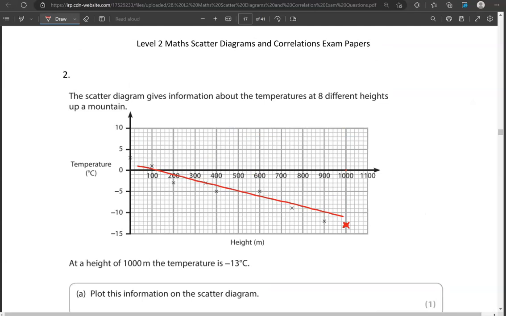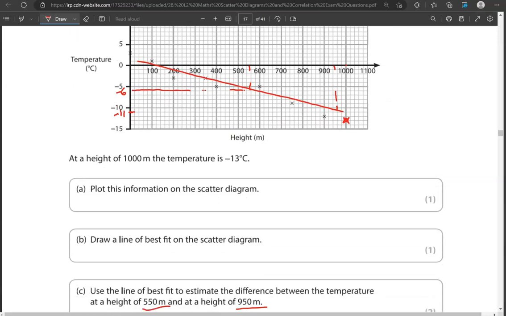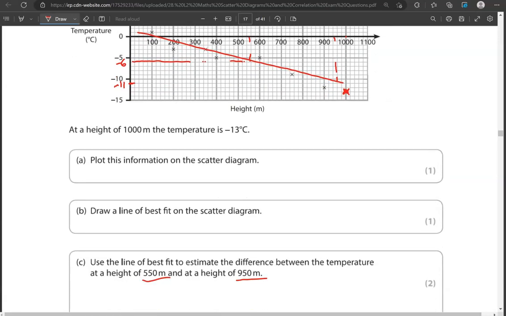So 950, that's about -11, and 550, that's about -6. So the difference is 5 degrees.